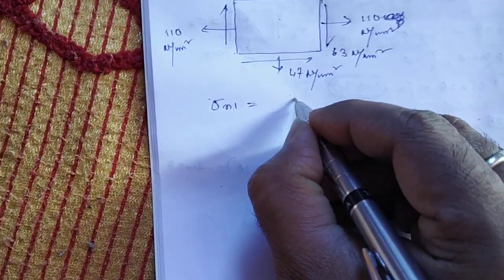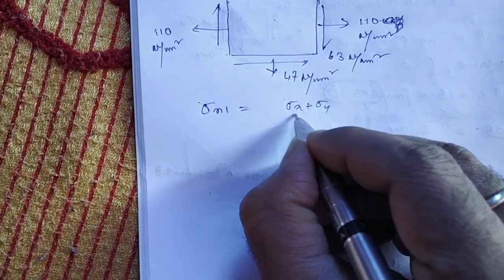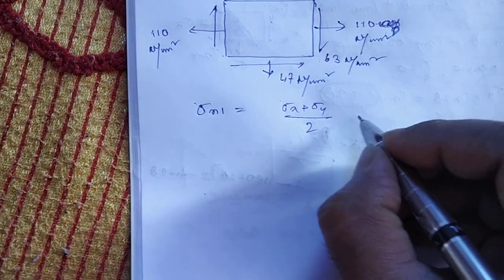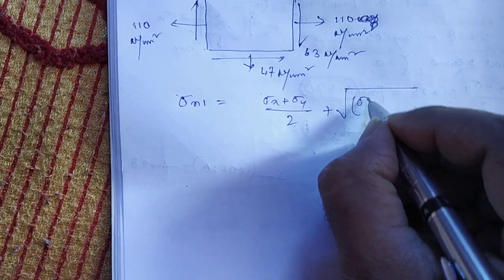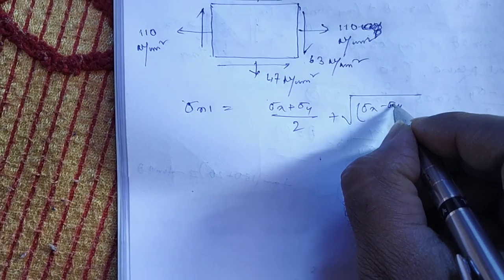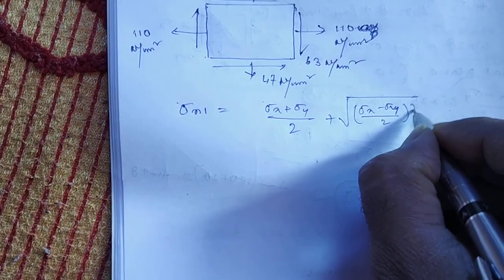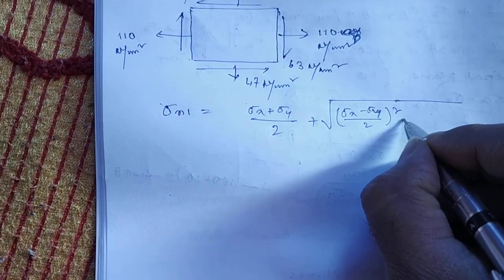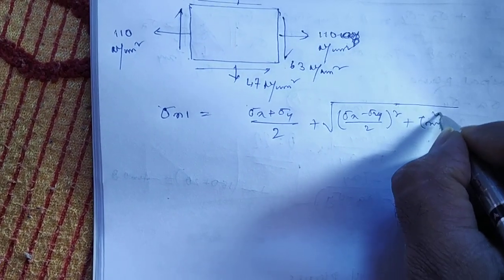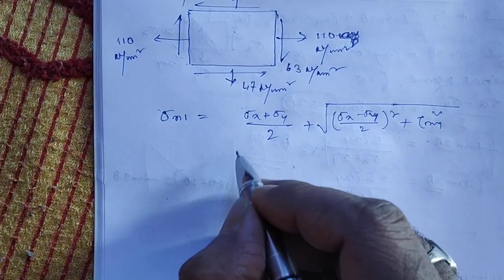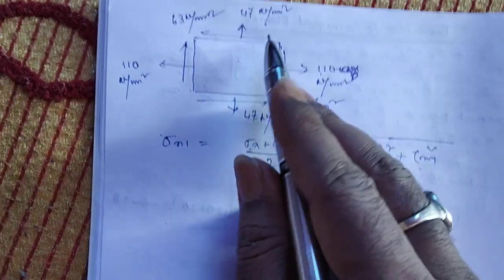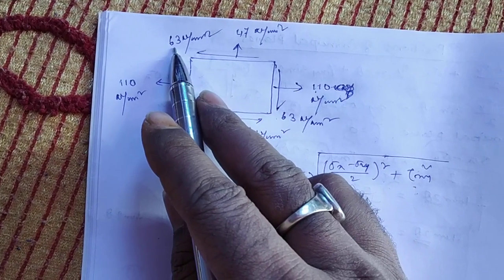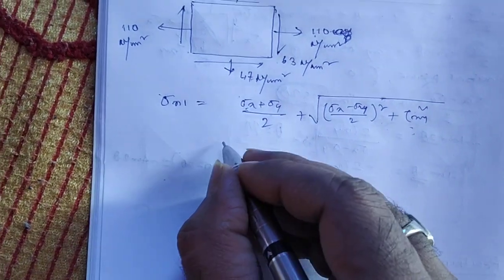If we put the values, sigma x equals this, sigma y equals this, and tau xy equals 63, you will be getting all the values.